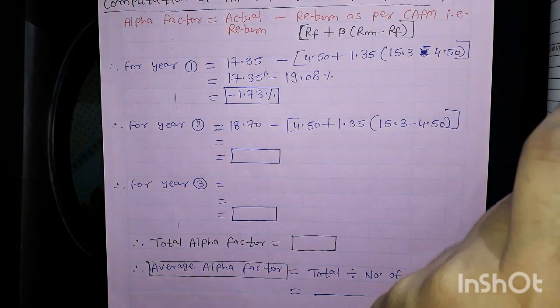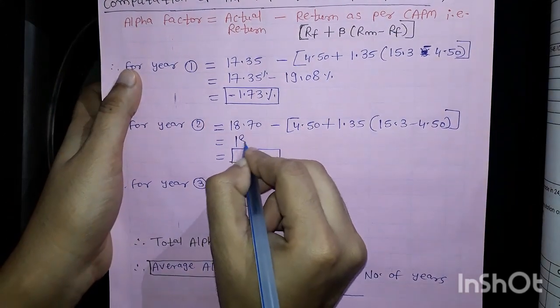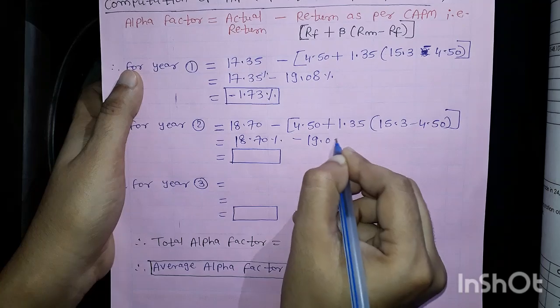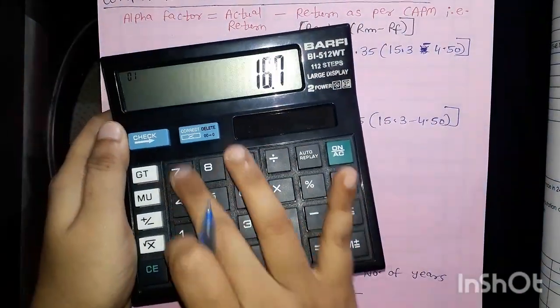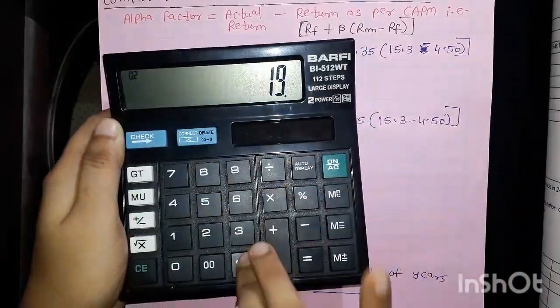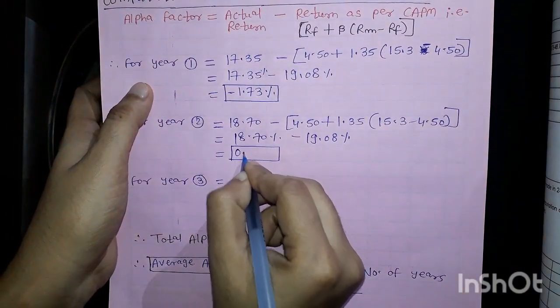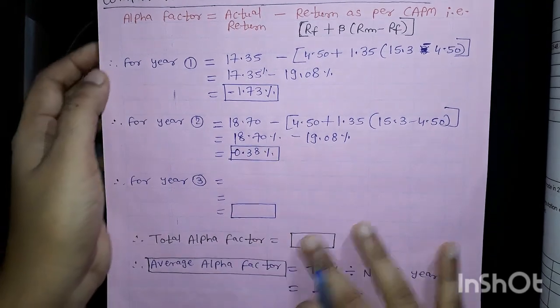So 18.70% minus 19.08%, 18.70 minus 19.08, I am getting 0.38, which is in minus, and the answer will be in percent.